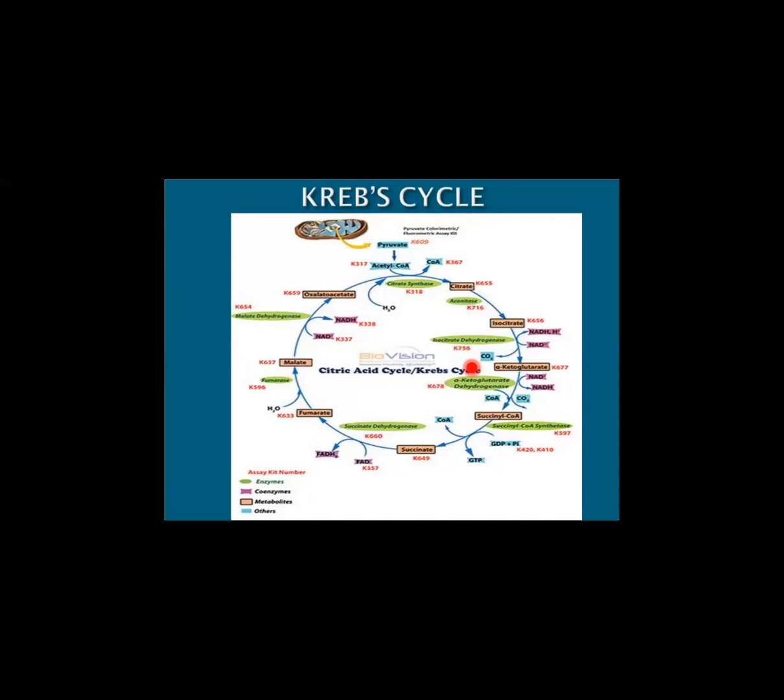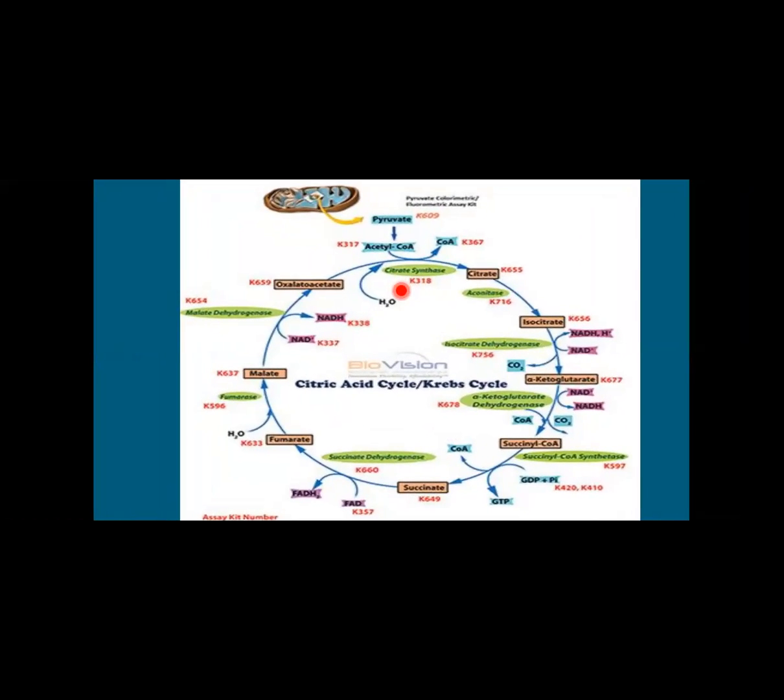You have to start from acetyl-CoA, students, not from pyruvate. You have to start from here. So how many NADH do you get? 1 NADH here, 1 NADH here, and 1 NADH here. So totally 3 NADH, 1 plus 1 plus 1. 1 NADH gives us 3 ATPs. So 3 NADH will give us 9 ATPs. So in one Krebs cycle, NADH contribution is 9 ATPs.